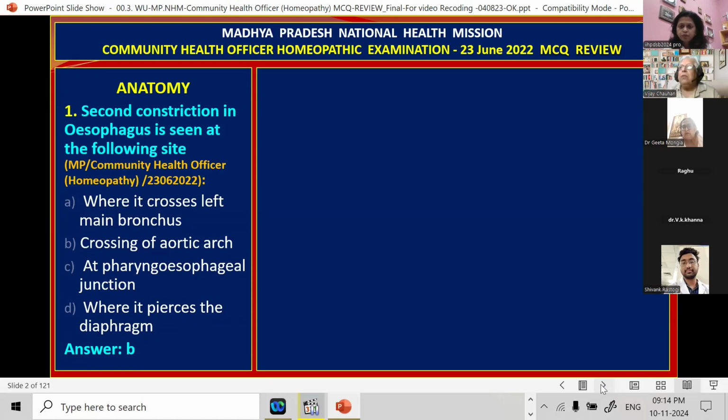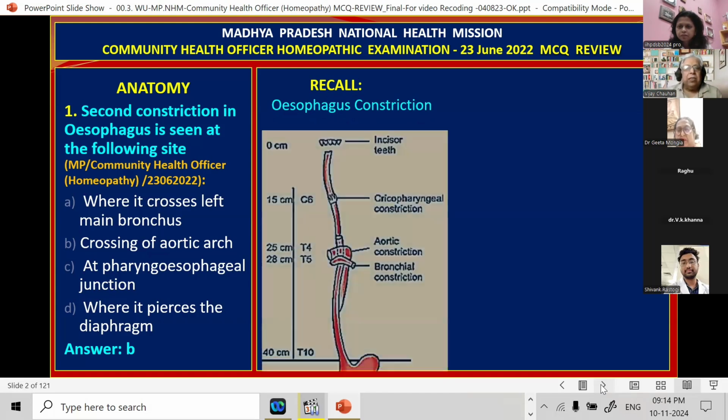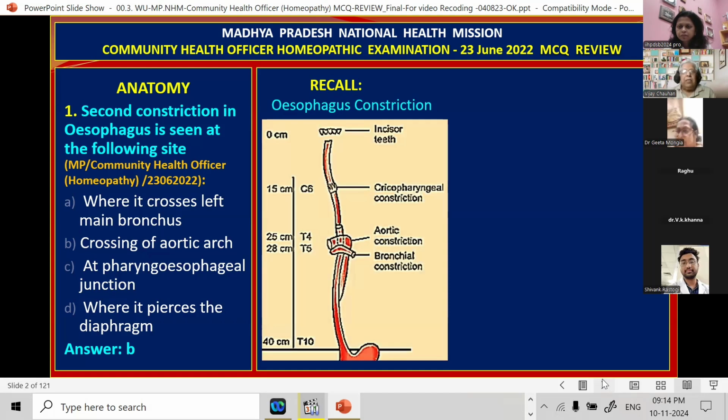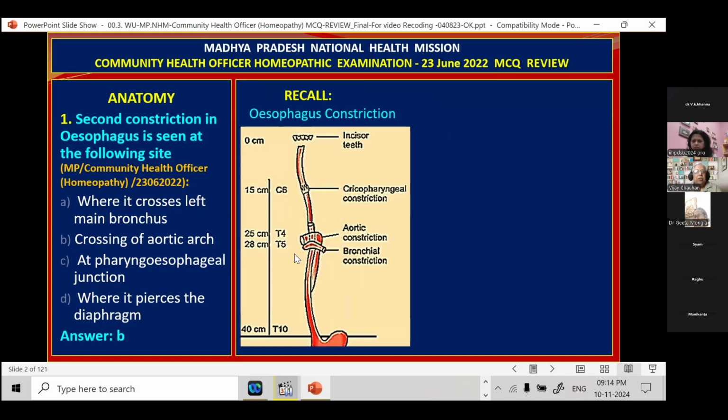Now I am going to deal with this particular fact here. Let us recall the esophageal constrictions. Anatomical consideration: we have this diagram, and it shows at the incisor teeth there is 0 centimeter.